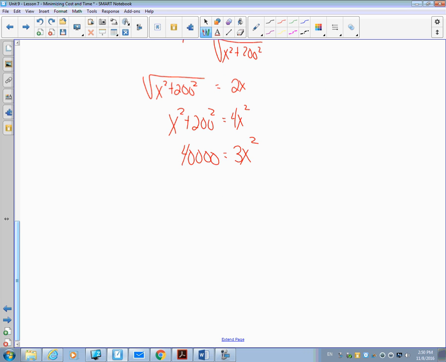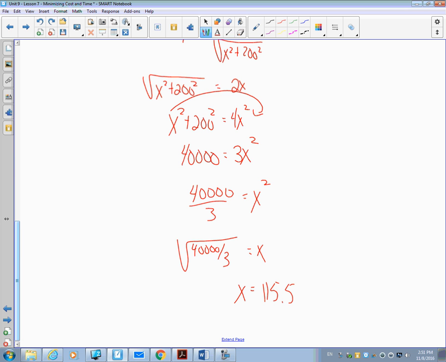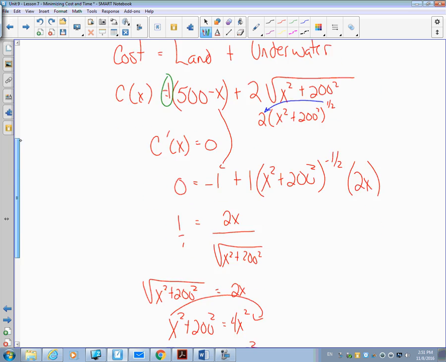Just bring this over and subtract it, right? 40,000 divided by 3, not a nice number, so I'm just going to leave it like that for the second. And to get x, I'm going to square root whatever 40,000 divided by 3 is, which if you use your calculator properly, should come out to approximately 115.5.